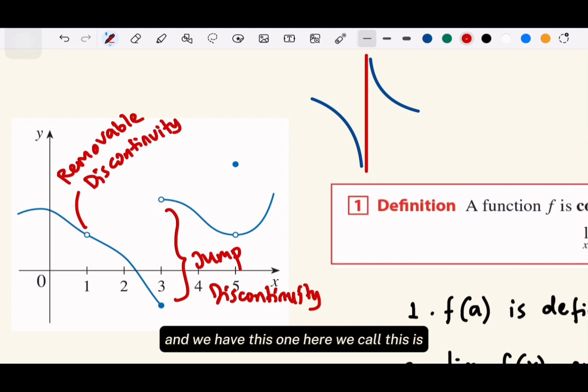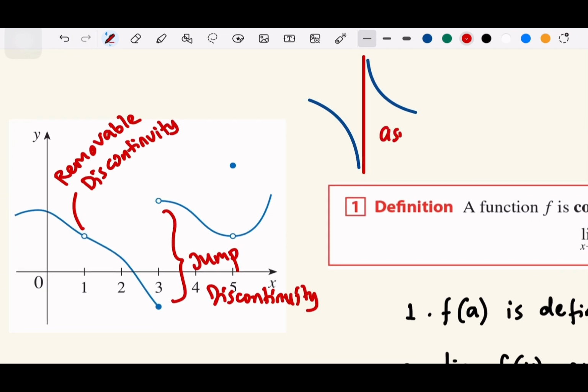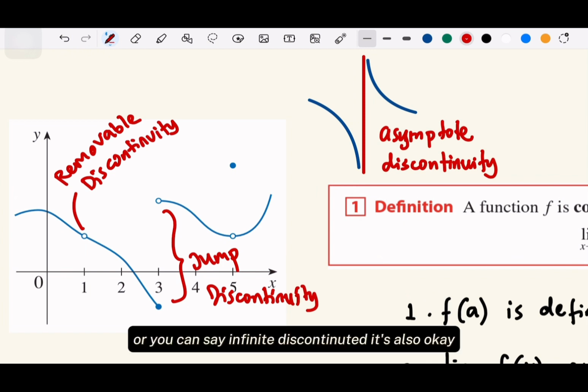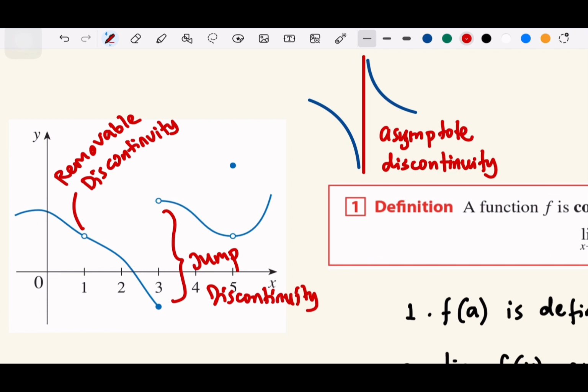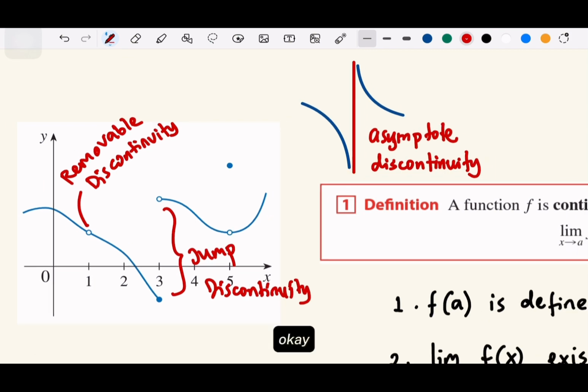We call this asymptote or you can say infinite discontinuity. It's also okay.